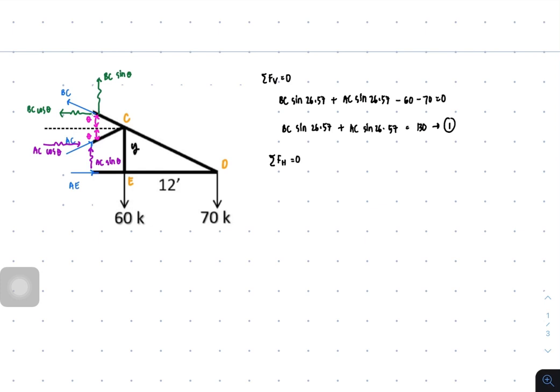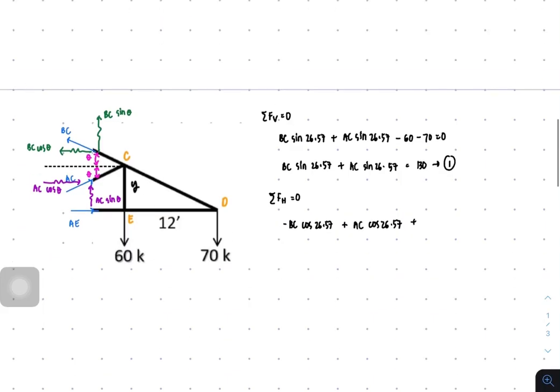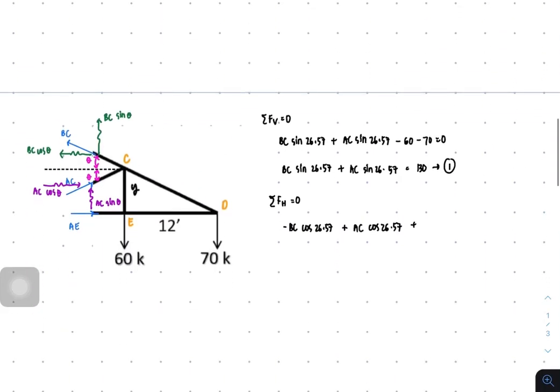Next we're gonna have summation of forces horizontal equal to 0. So let's start with BC. It's negative BC, it's to the left, cosine of 26.57, then plus AC cosine of 26.57, and plus AE. AE is 140. So it's 140 equal to 0.